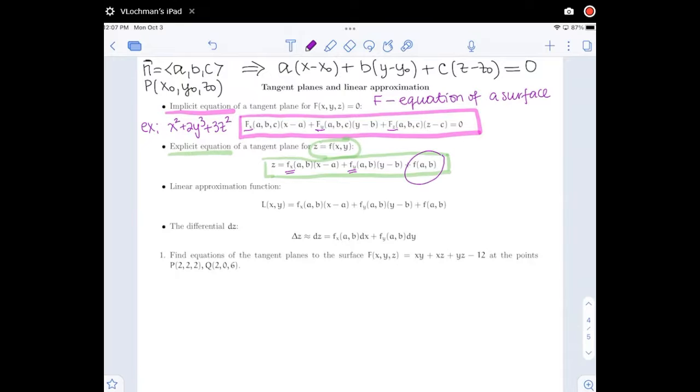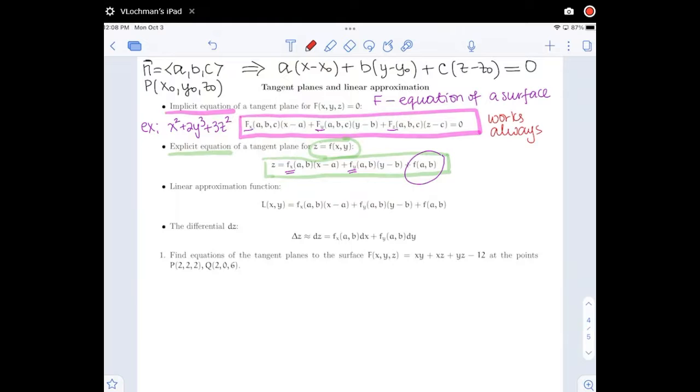Now, these are some of the formulas you can put on your formula sheet, but I think the best thing we can do is look at a couple of examples and see that these formulas are equivalent. They're not much different. This formula right here works all the time, so you can always apply the implicit one.